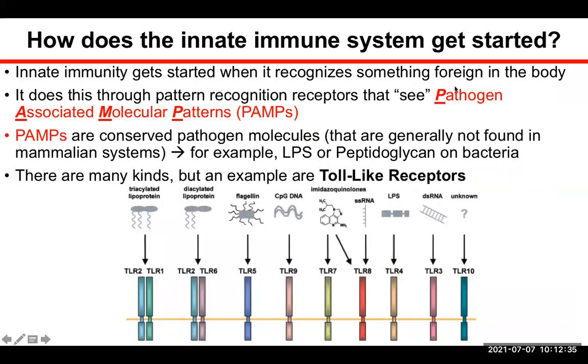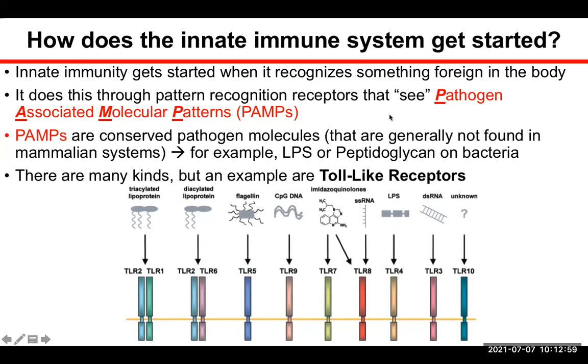So how are the innate immune cells able to even get initiated? Well, this is all generated through being able to recognize the foreign pathogen. And this is through these things called pathogen recognition receptors or pattern recognition receptors. People will use these interchangeably. These are going to be PRRs.